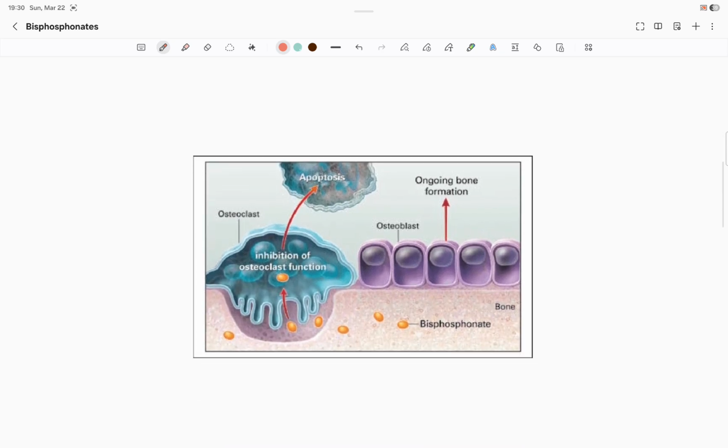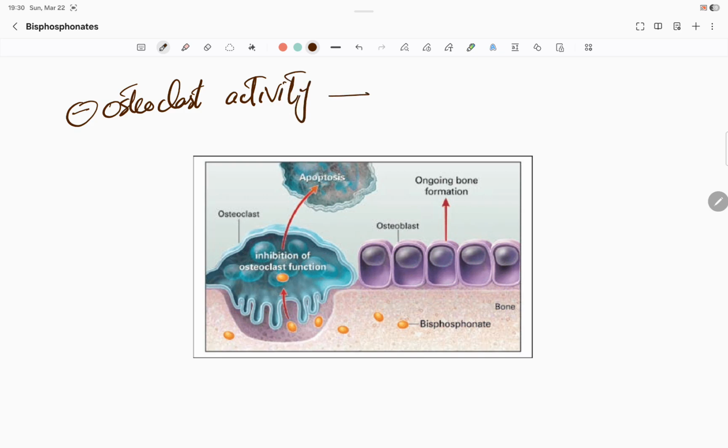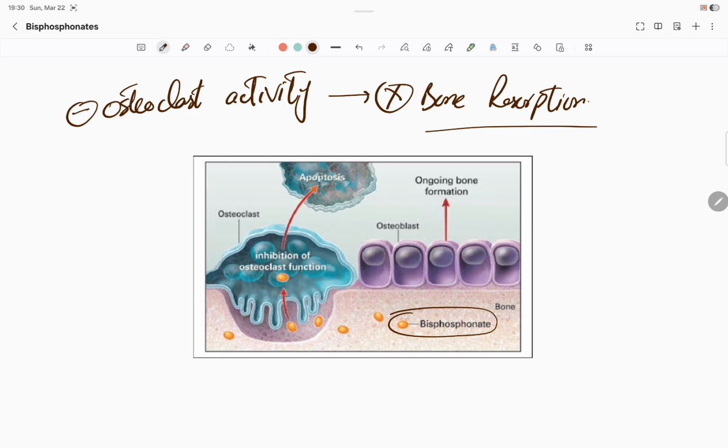So here is the mechanism. Mechanism is very simple, that it inhibits osteoclast activity, and as a result there will be inhibition of bone resorption, right? So here is bisphosphonate. It goes inside the cell, that is osteoclast.